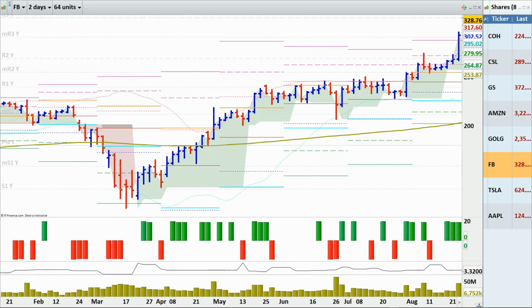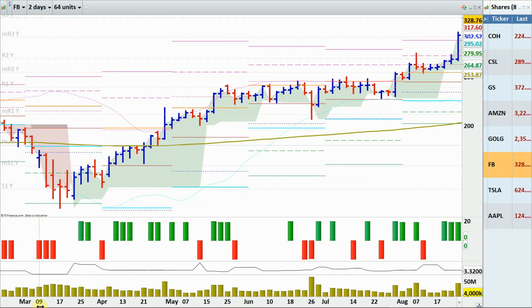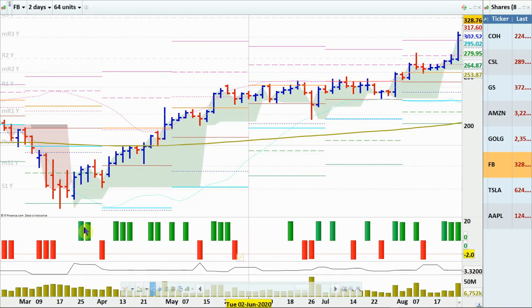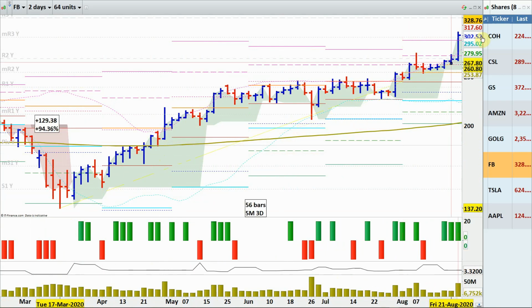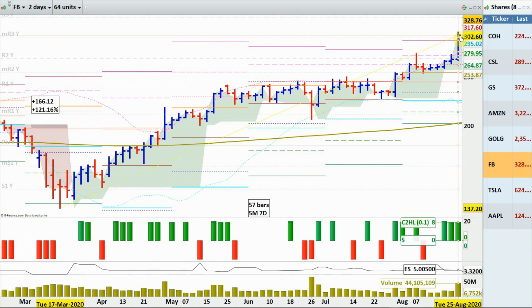So if we see this crack of the 200 moving average and then snapback, and then it went up from here to there in a 1-day chart or a 2-day chart, from here to here, it went up almost 16,612, 121% in 5 months, 7 days, 57 bars of 2 days, that is 104 bars in a daily chart.